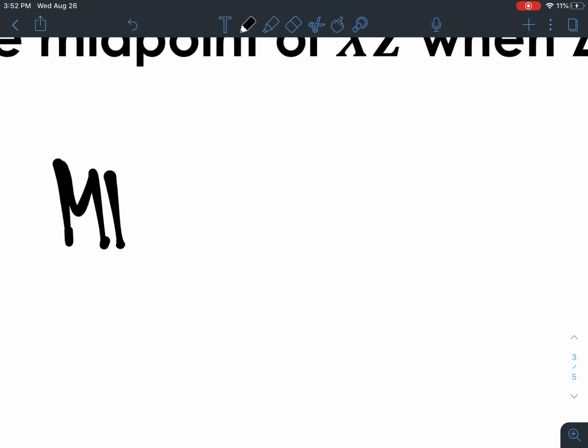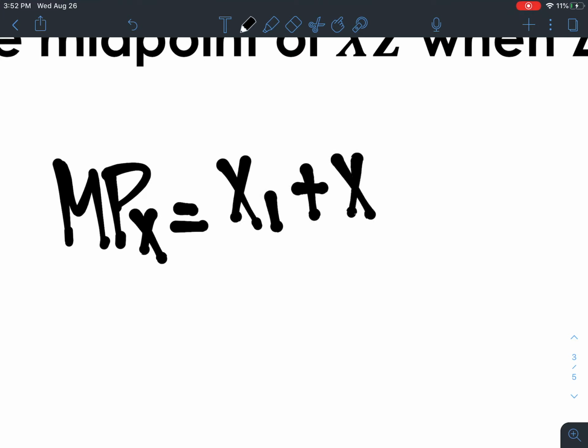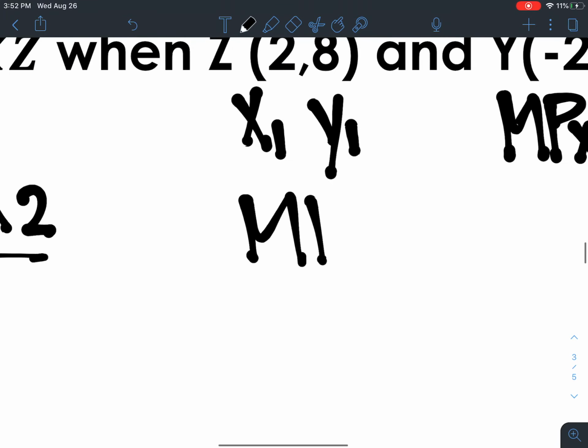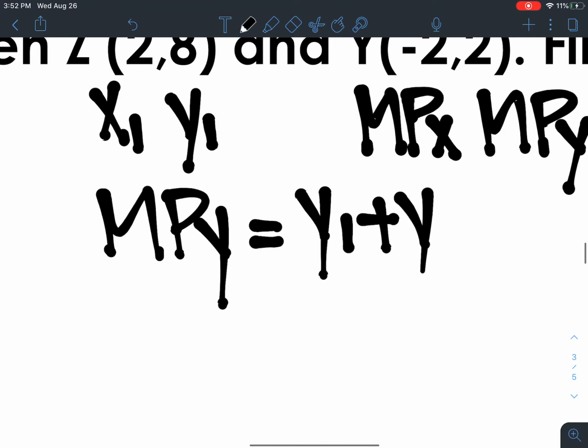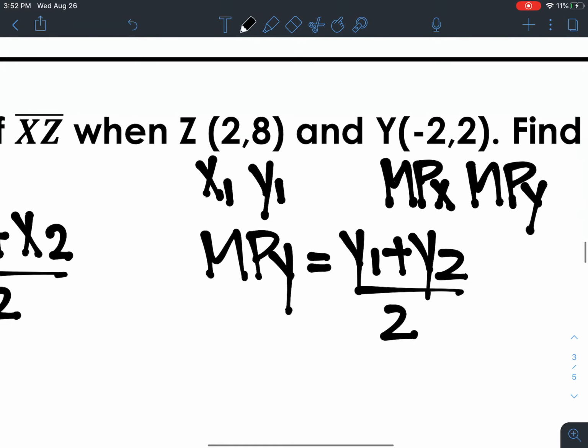So let's write down our formulas again. I have MPX is equal to x1 plus x2 divided by 2, and MPY is equal to y1 plus y2 divided by 2. Let's look at what we have labeled. Do you see how I have my negative 2 labeled as my MPX?